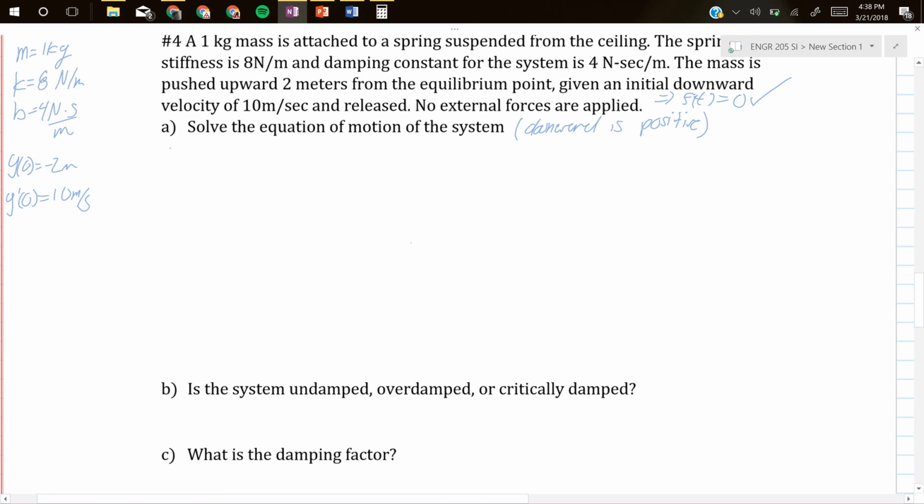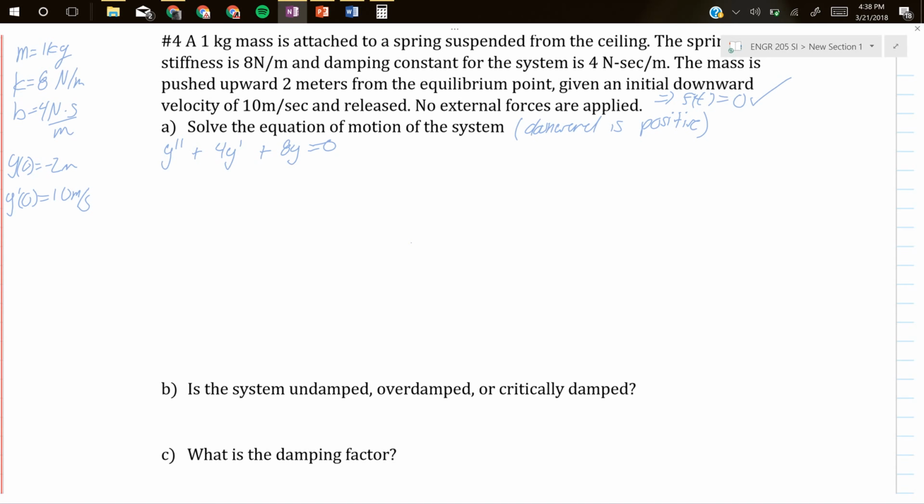So we're going to have y double prime times our mass, which is just 1, plus b times y prime plus 8 times y equals 0. Remember, you can use Laplace or y sub h, y sub p to solve for your y. I prefer the second method just because I don't have anything on the right side.